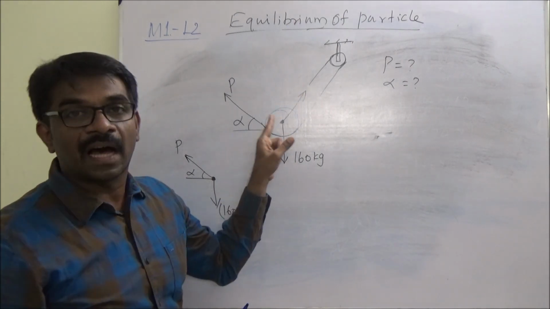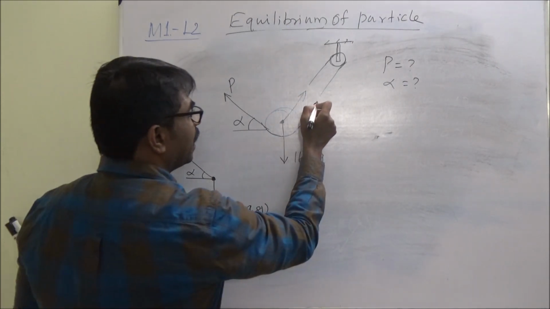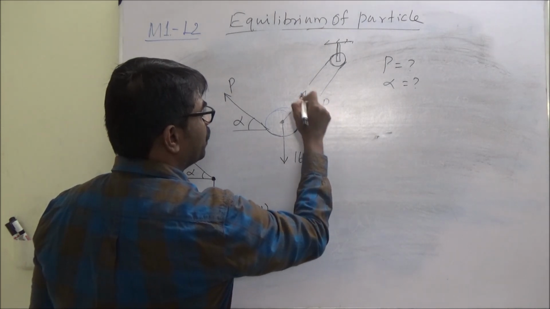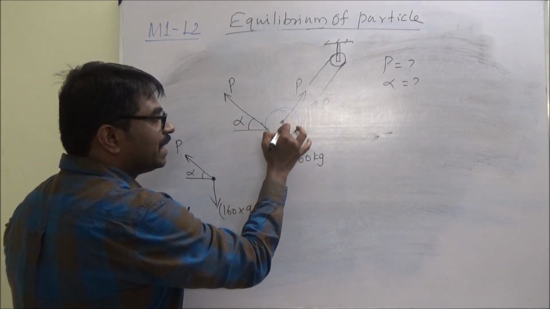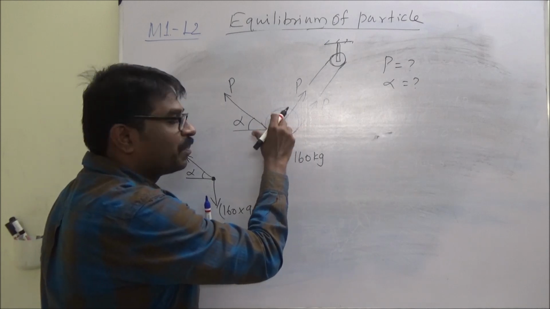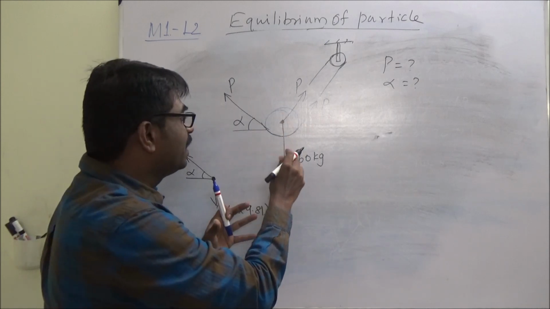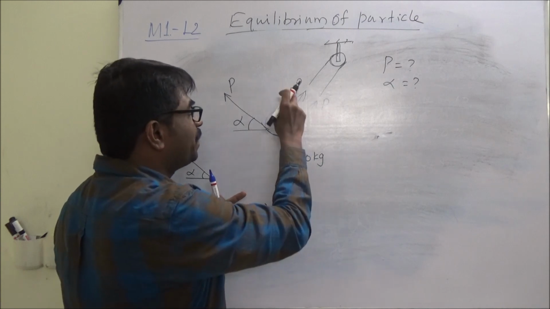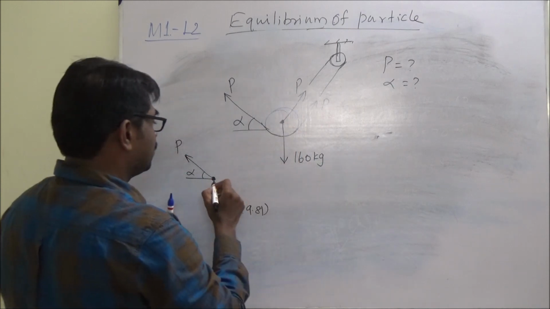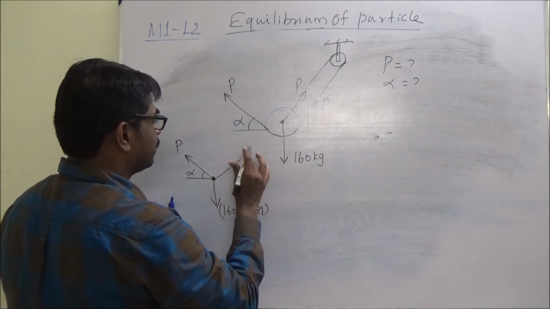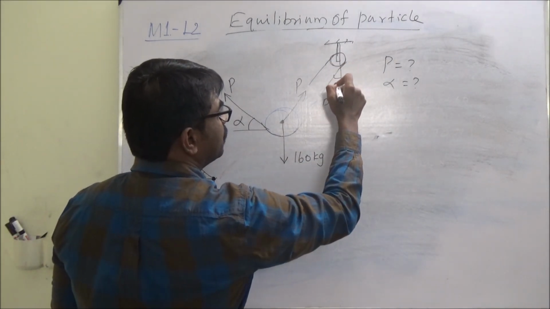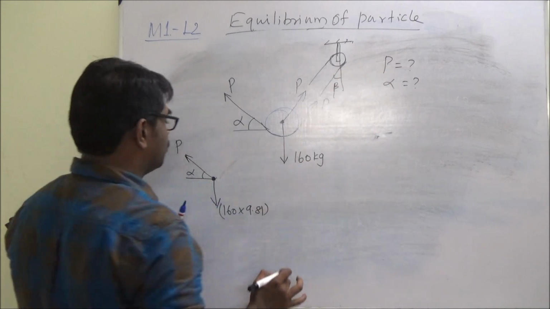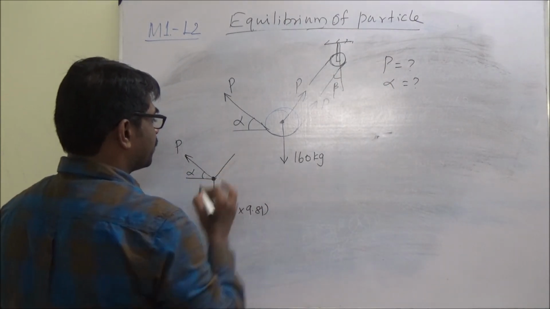It is always away from the particle, and this is also P and this is also P. I am neglecting this distance, as my interest is not on the pulley, and my interest is to find out the P. So I consider this as a particle, and this beta is given, so it is coming like this.